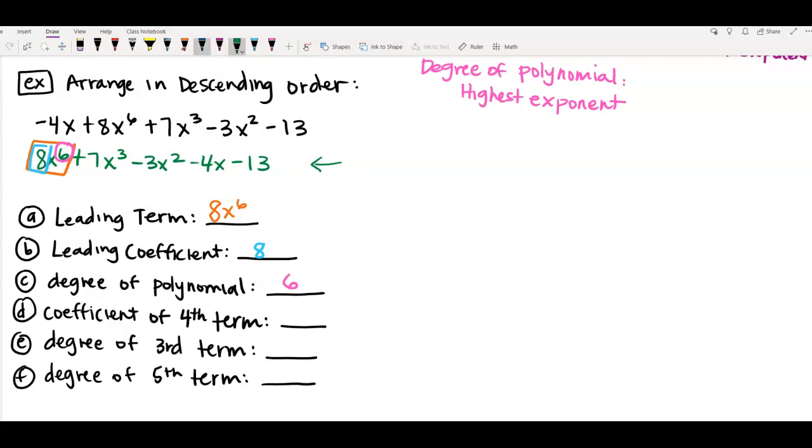So the fourth term is going to be that -4. You've got to make sure that you remember that negative along with it. That negative sticks with it. And the coefficient, remember, is the number in front of your variable there. So that's the coefficient of the fourth term.